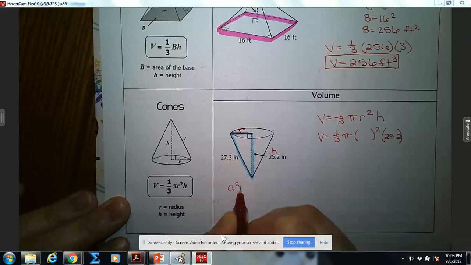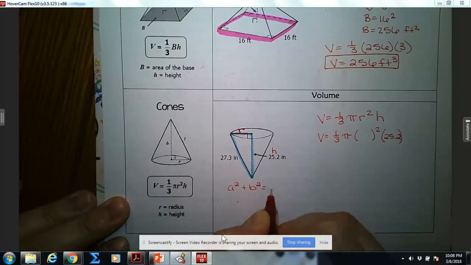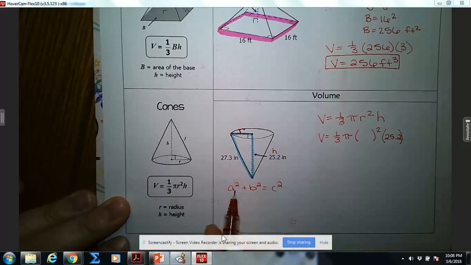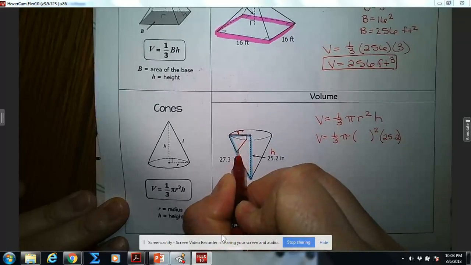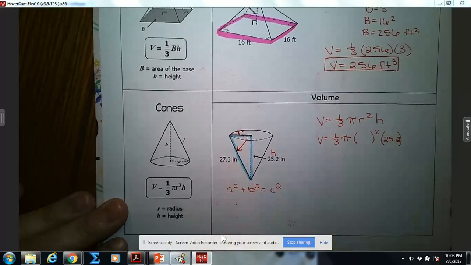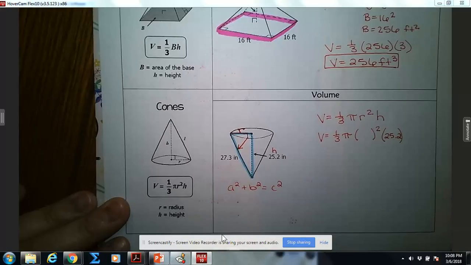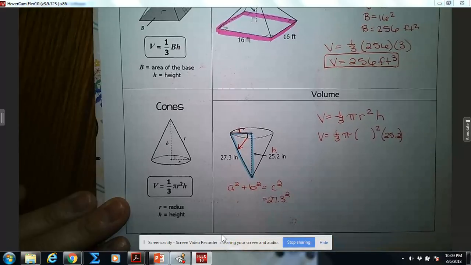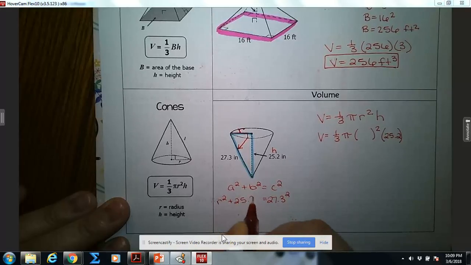Pythagorean theorem is a squared plus b squared equals c squared. A and B are legs. C is the hypotenuse. The hypotenuse is always across from the 90-degree angle, so the 27.3 is the hypotenuse. That means the radius and the 25.2 are the two legs.